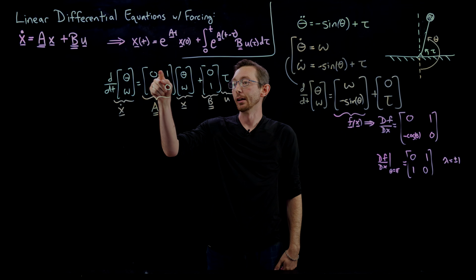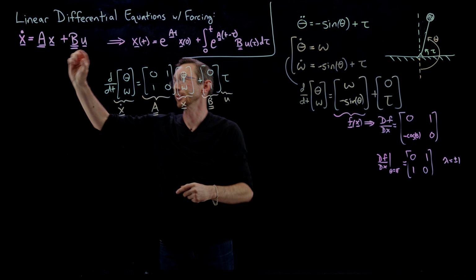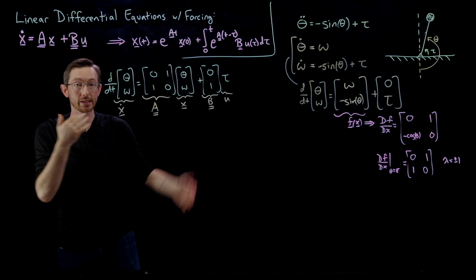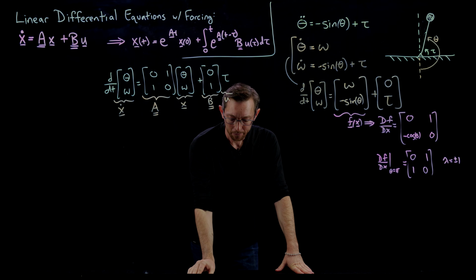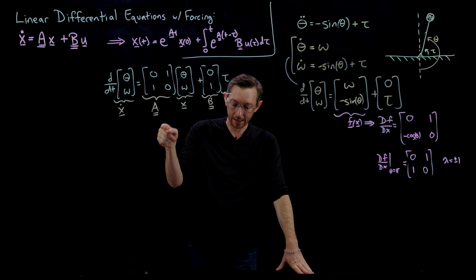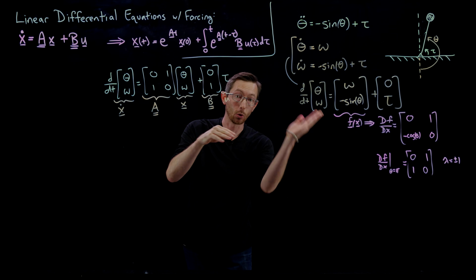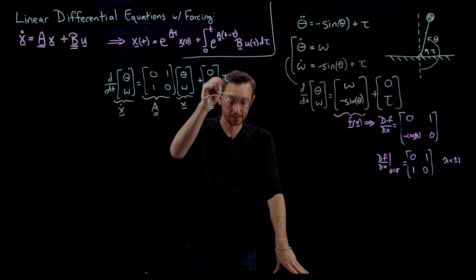Okay, and so this is how to take that system and write it in this form. This is an extremely generic form we're going to see all over the place in control systems. And now I just want to convince you that yes, in fact, there is a good control strategy tau, a good torque tau that would change the system dynamics and make it look stable.